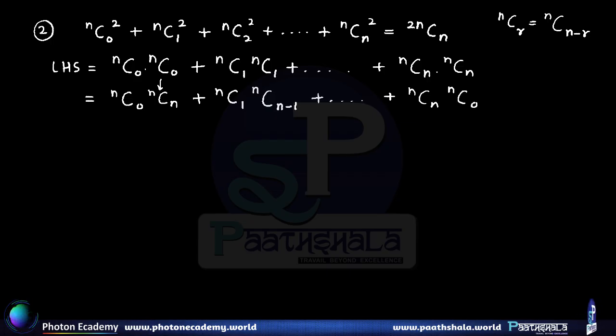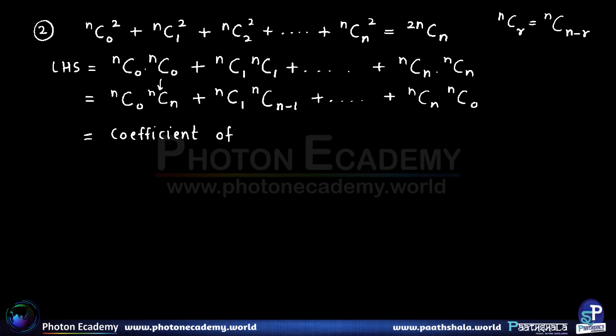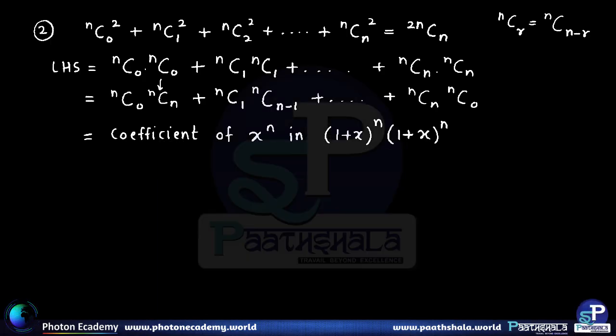Right? So now this further is equal to, as we have seen in the previous result, the coefficient of x raised to n, because now we are talking about all the terms from nC0 to nCn in the product of (1 plus x) raised to n as well as (1 plus x) raised to n, because in both cases we have top numbers equal to n.